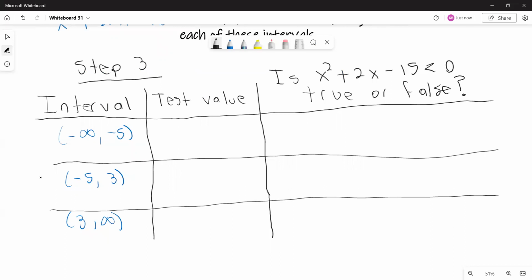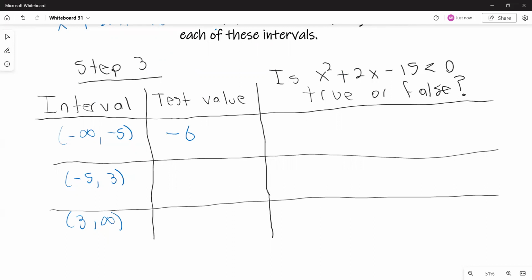So we can pick any test value in each of these intervals, but we're going to take something that is easy to evaluate. Like from -infinity to -5, we could pick -10, or we could pick -25. But I'll try to keep it simple and pick -6.